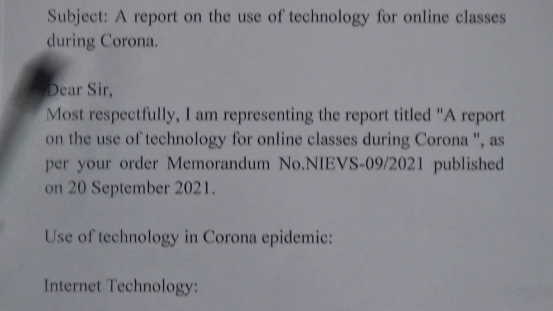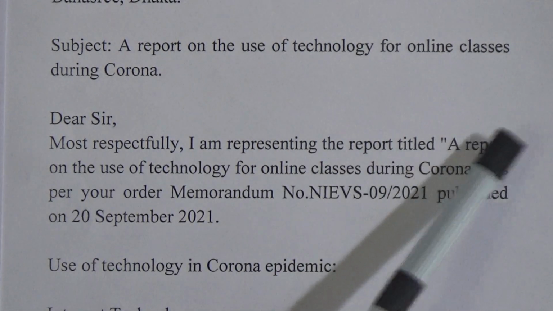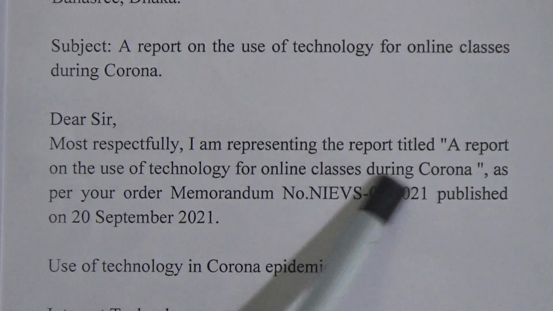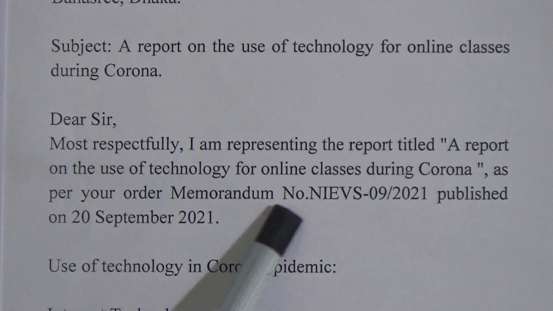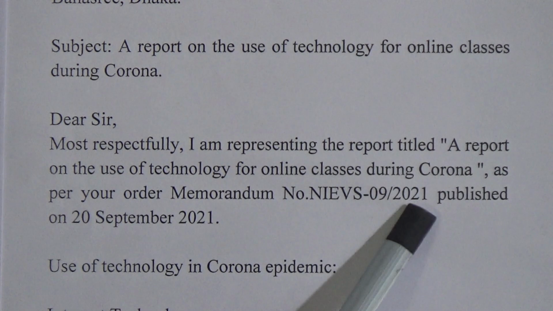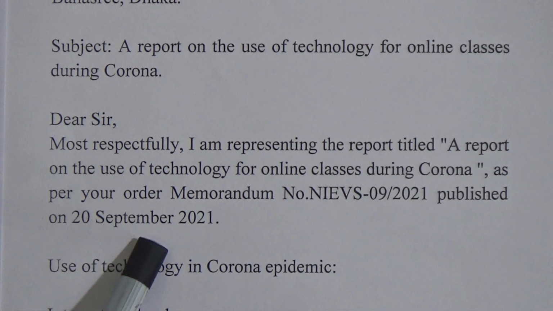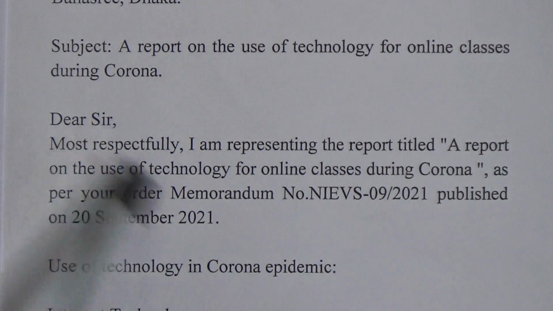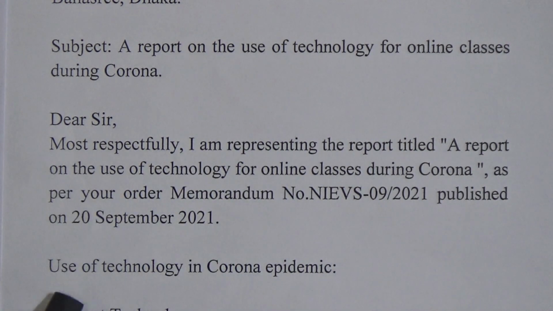Then write, dear sir, most respectfully I am presenting the report titled, a report on the use of technology for online classes during Corona, as per your order, memorandum number NIUS 09/2021 published on 20 September 2011. So you have to follow this format when you write your assignment.